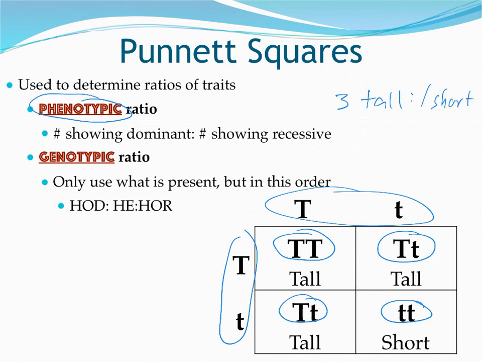And the genotypic ratio would be 1 homozygous dominant to 2 heterozygotes to 1 homozygous recessive. Again, Punnett squares can be used to predict not just the phenotypic ratios, but also the genotypic ratios: what the organism would look like and what genes they would have inherited from their parents.